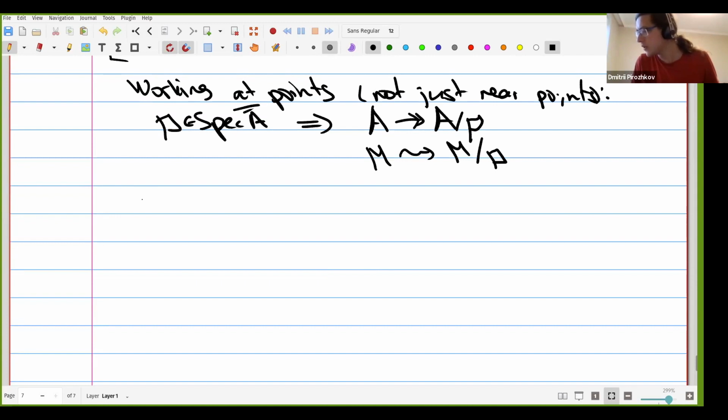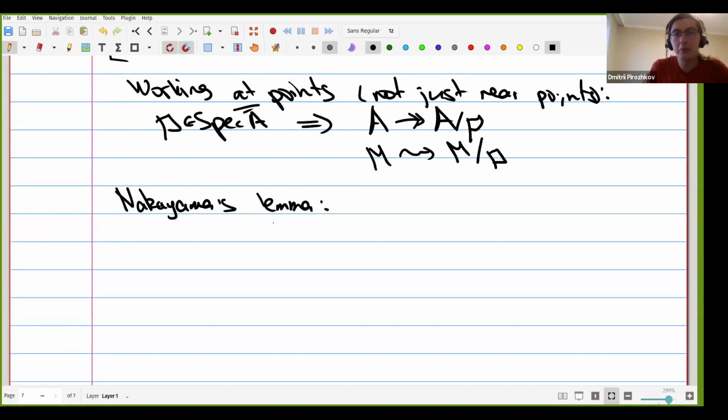What do I want to say? Yeah, I want to say an example statement where you can check everything just on the quotients instead of localizations. So it's a statement that's sometimes called Nakayama's lemma.